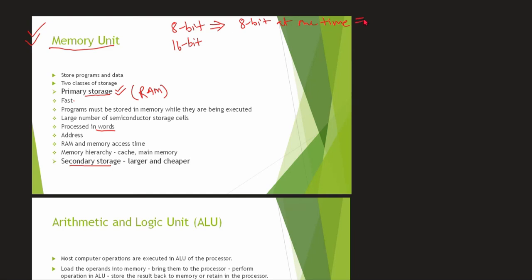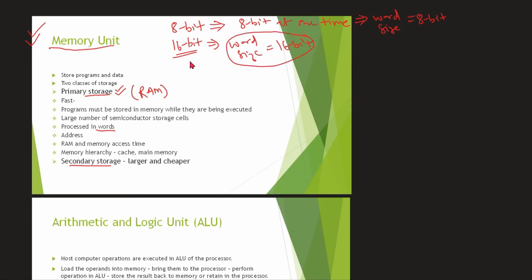At one time, it will be processing only 8 bits, not larger than 8 bits. It means the word size will be 8-bit. Similarly, if a processor is 16-bit, it can process 16 bits at one time, and the word size will be 16-bit.